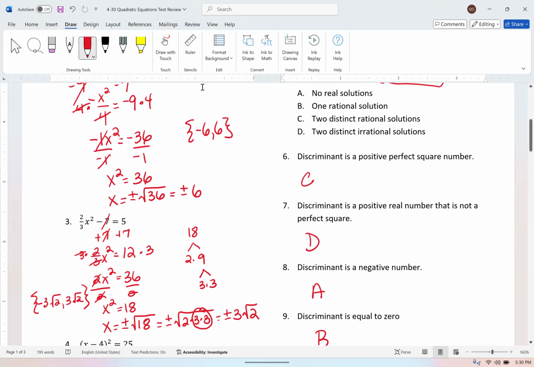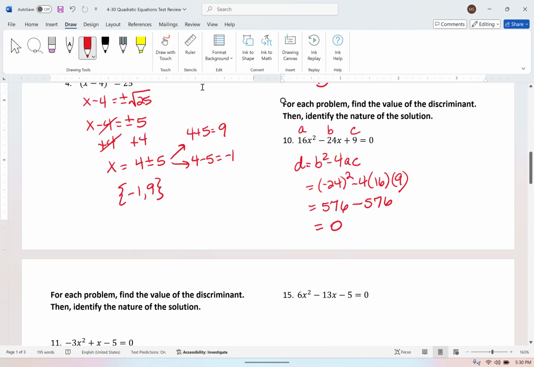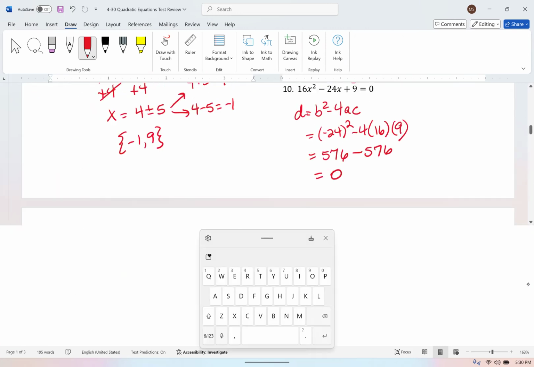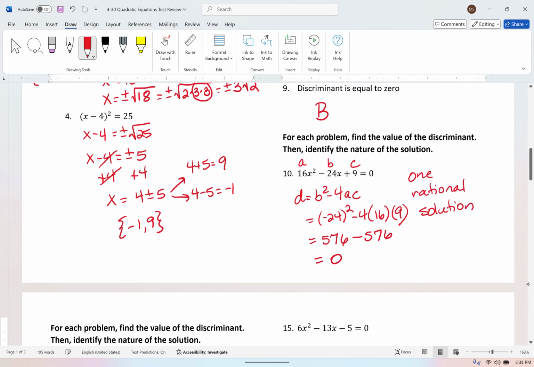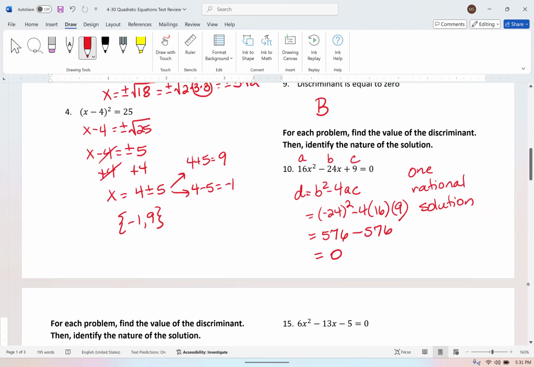And so that is one rational solution. By the way, sometimes instead of one rational solution, they say two identical rational solutions. So one rational solution is the same thing as two identical, because if you have two of the same thing, you really have one thing.